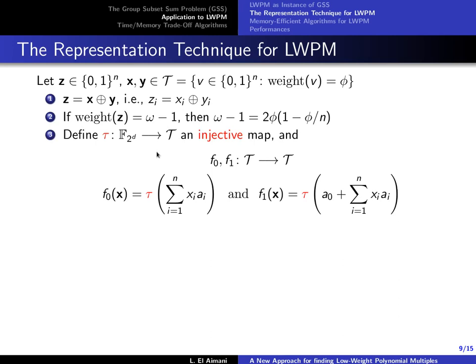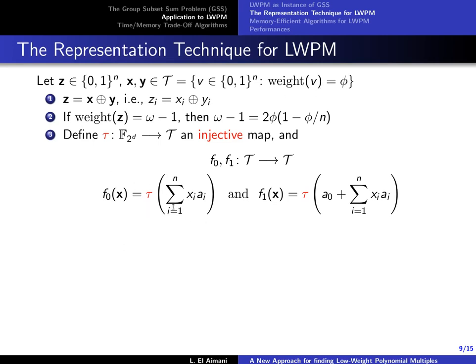Now it's time to define the random functions f0 and f1. For this, we need a map tau from F2 to the d to the set T that we have defined here. Why do we need this map?